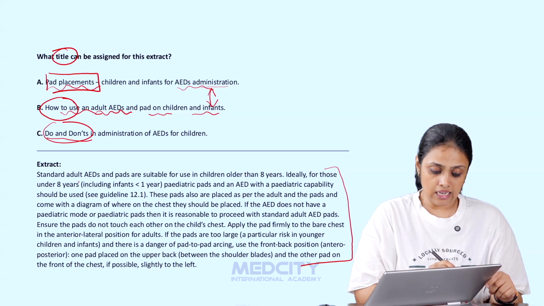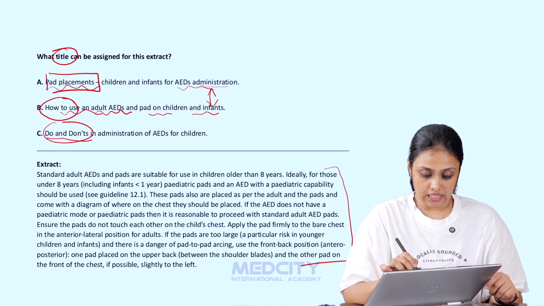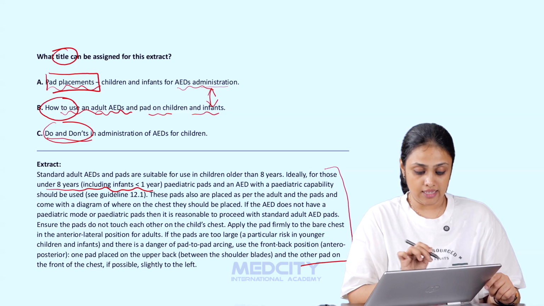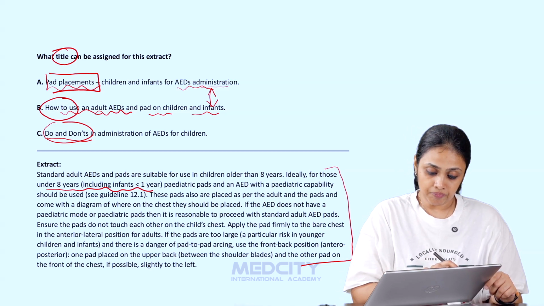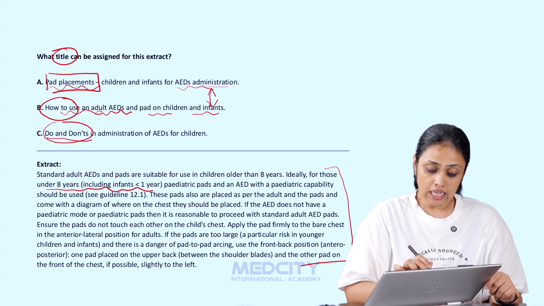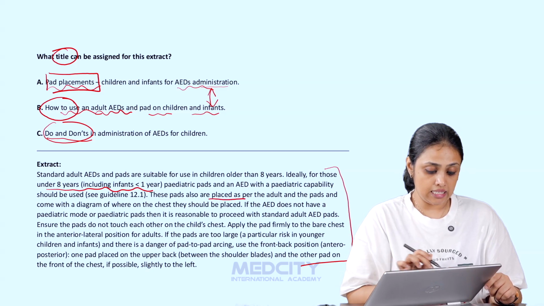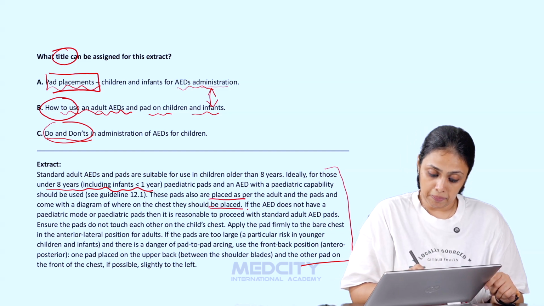It says that standard adult AEDs and pads are suitable for use in children older than 8 years. Ideally for those under 8 years, including infants less than 1 year, pediatric pads and an AED with a pediatric capability should be used. These pads are placed as per the adult, and the pads come with a diagram of where on the chest they should be placed.